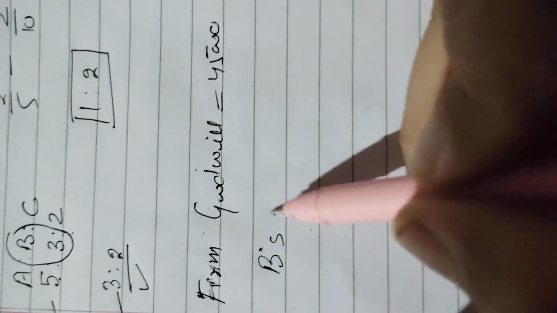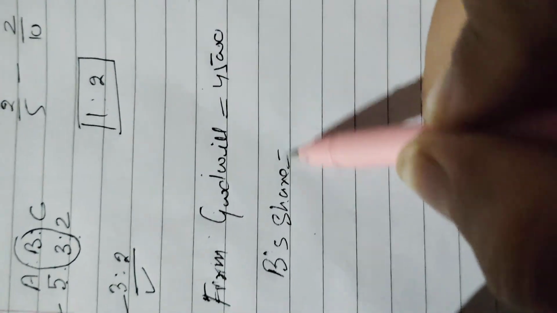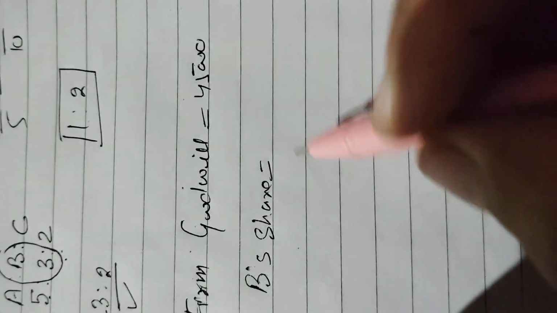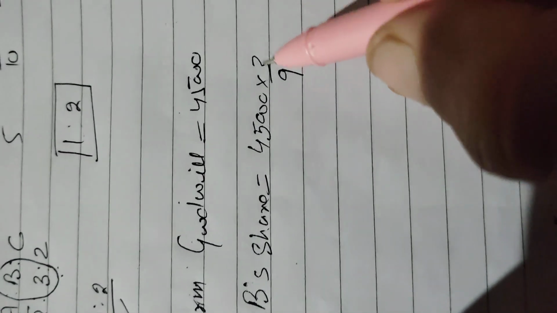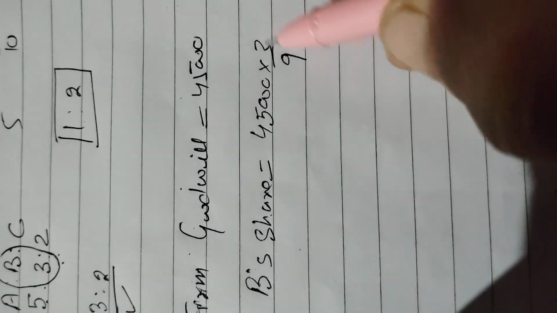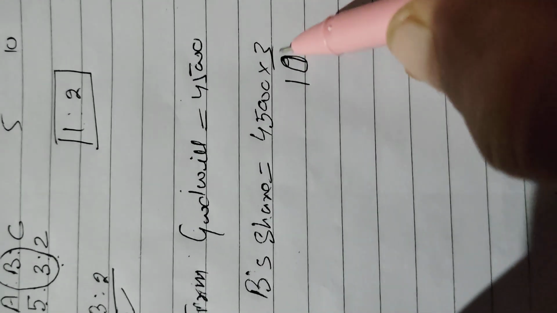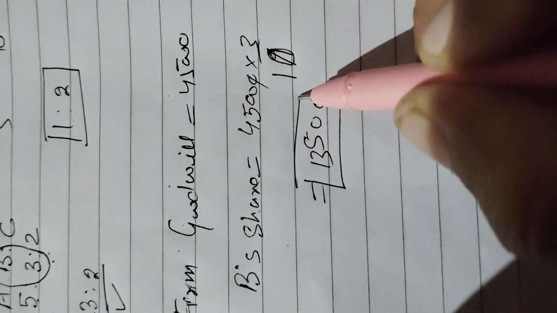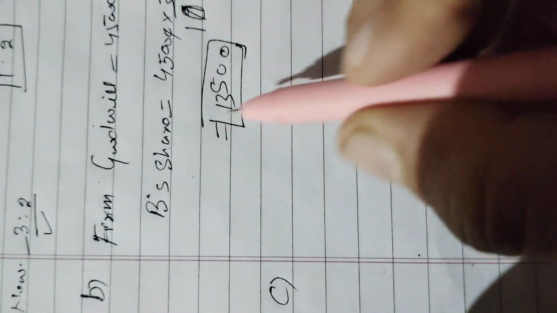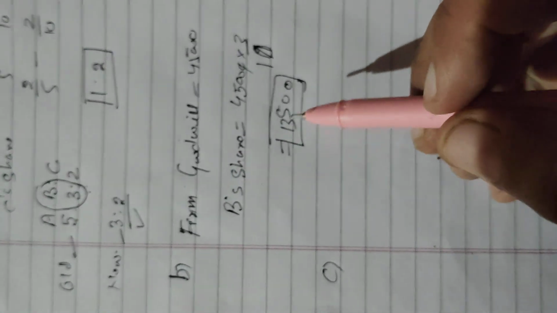Because B is going to retire, you have to find out B's share. B's share is 3/10. Find out the value of his share, that is 3/10, the 0 cancels, and this will be 13,500. This is B's. Now according to this firm's goodwill, you have to write the journal entries.